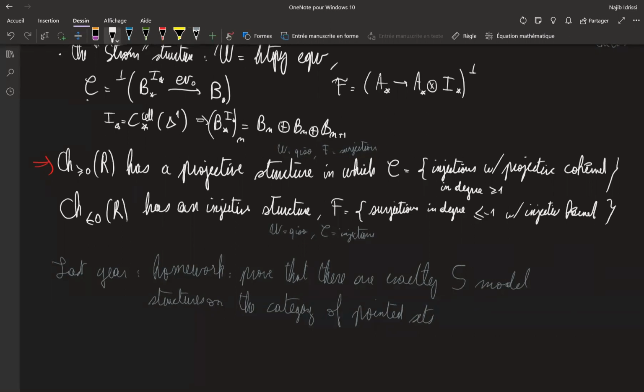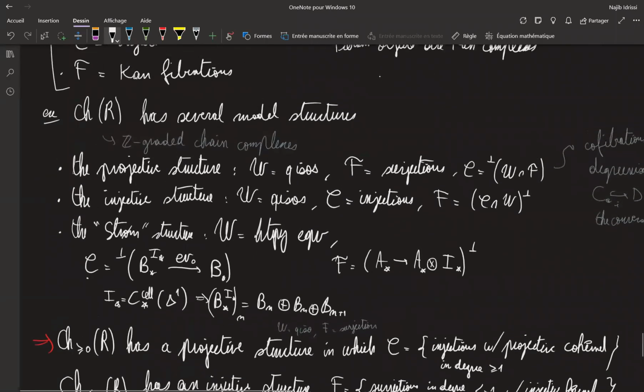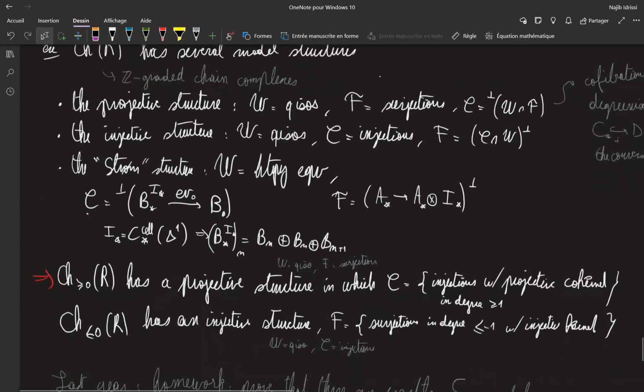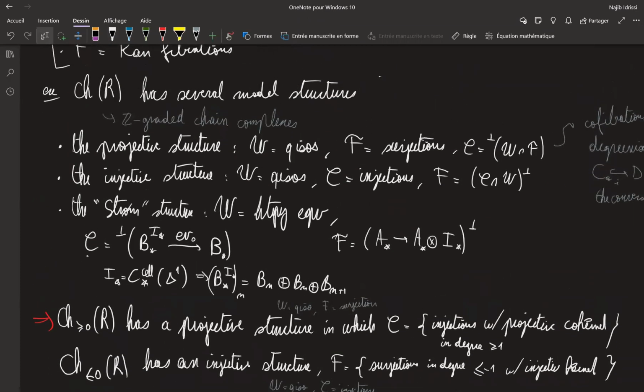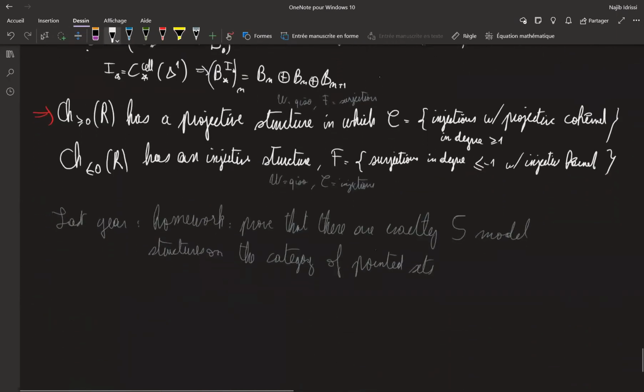But yeah, it's a really surprising result. But in general, to count the model structures is a bit of a strange notion. To classify them, you can classify them according to what we are going to learn about just now, which is localization.